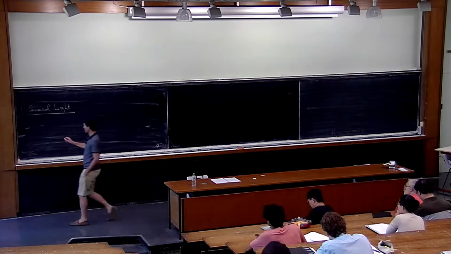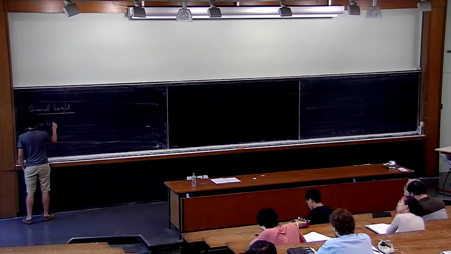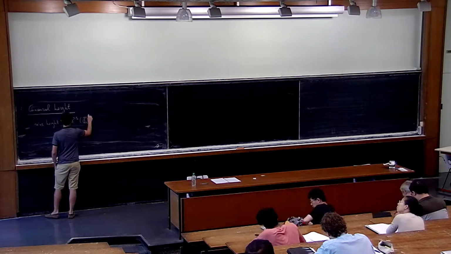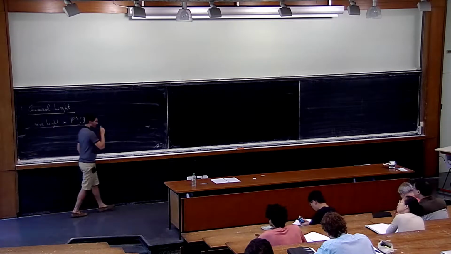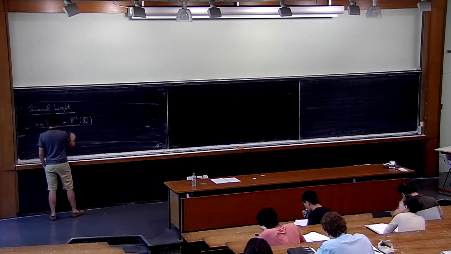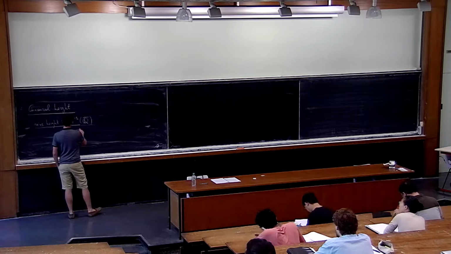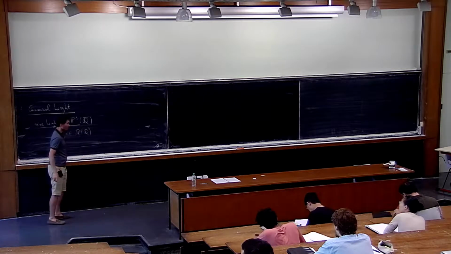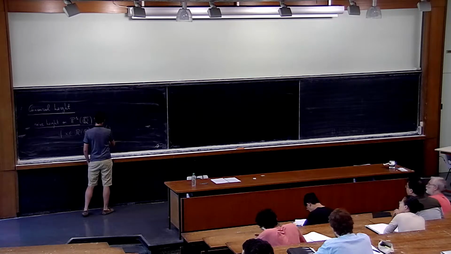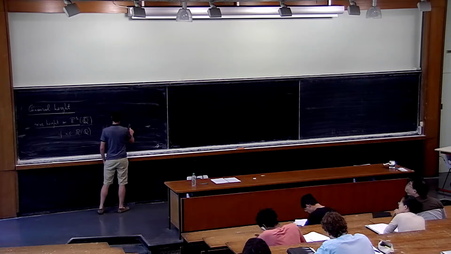So first, let me remind a few things about the naive height on P1 of Q bar. You know certainly better than me that if x is a rational number, say in P1 over the rationals, you can define the naive height of x as follows.